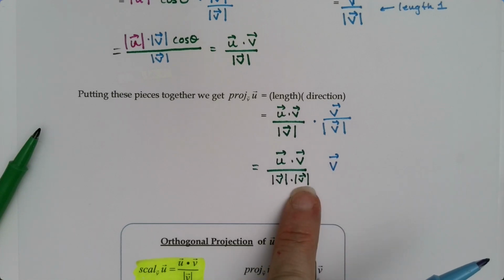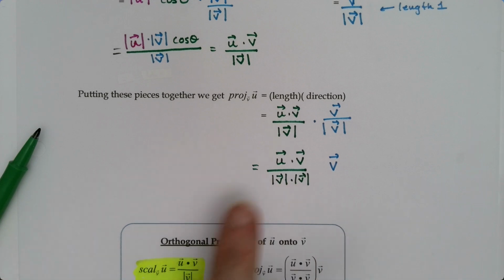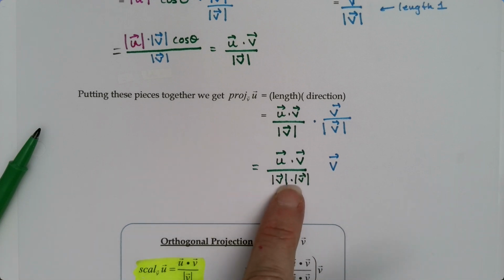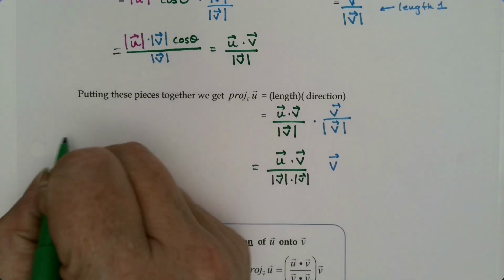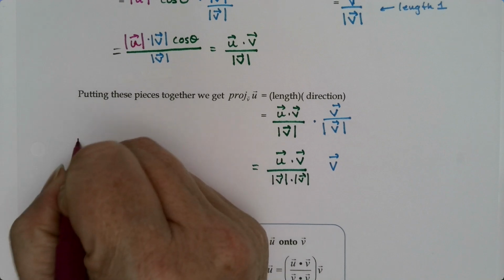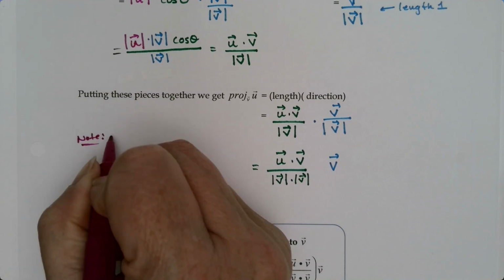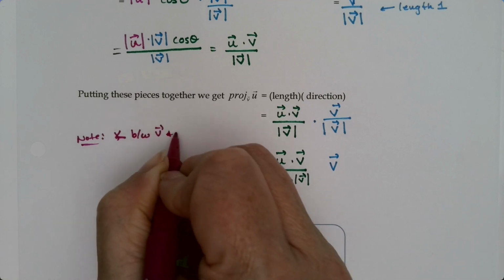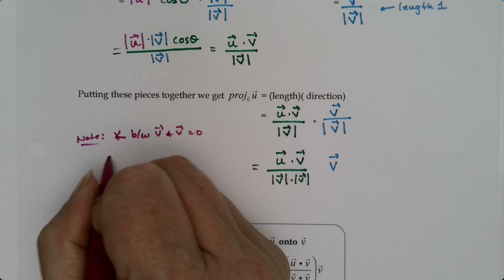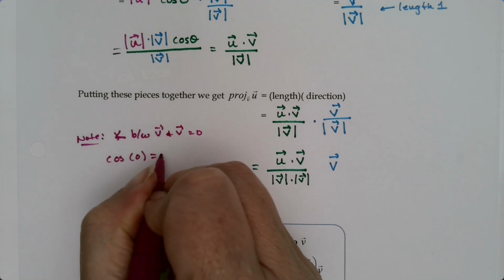So what's happening down here is you're actually taking the dot product of v with v. Let me make a note over here. The angle between v and v is 0, and the cosine of 0 is 1.